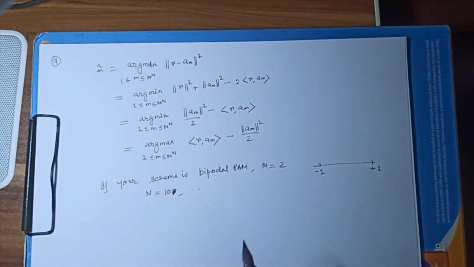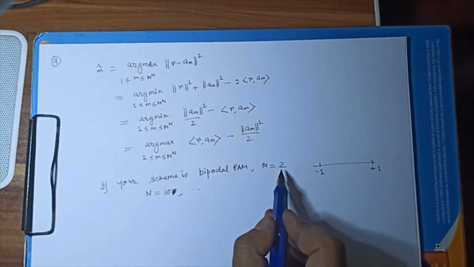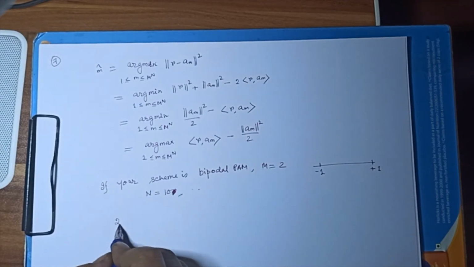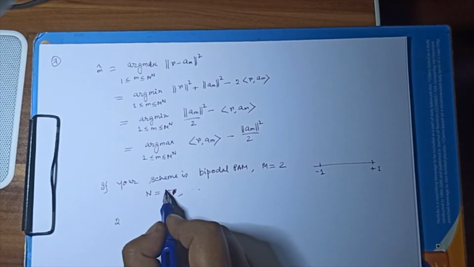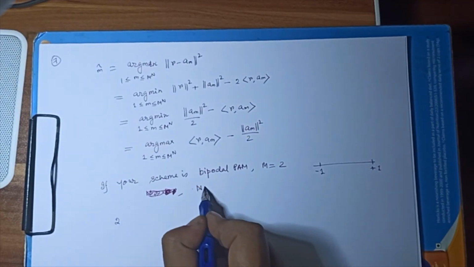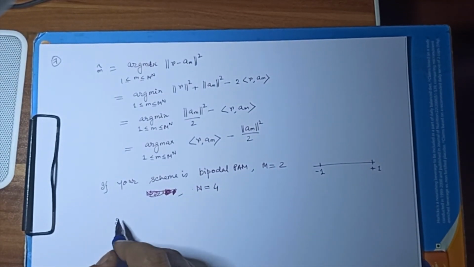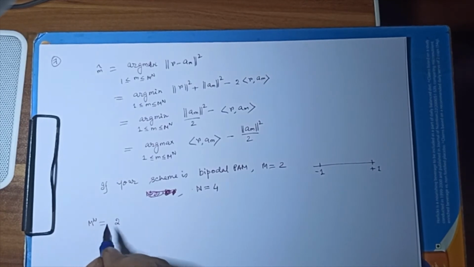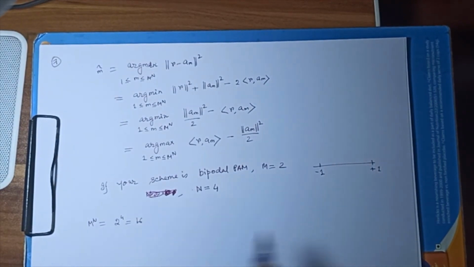So if you look at the different vectors, say n is equal to 10, how many vectors are there? 2 to the power 10 possible vectors. Let me write an even smaller case so that I can enumerate. Let us take n is equal to 4. So total M to the power n is 2 to the power 4, that is 16. So what are the different possible vectors?